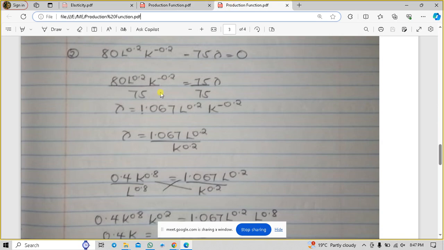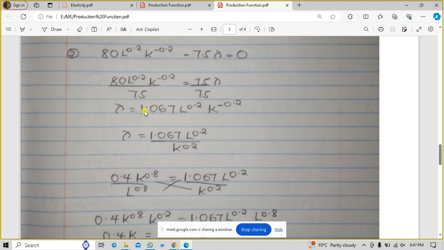So this is now our equation number 2: 80L is to power 0.2, K is to power negative 0.2 minus 75 mu is equal to 0. This minus, you take it to the other side, you will have 75 mu. Divide both sides by 75.